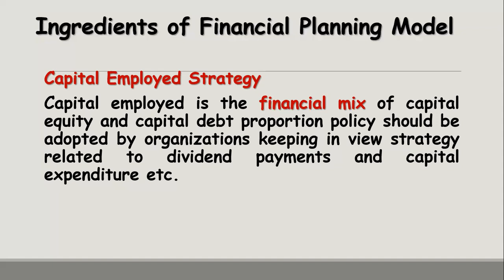You may decide that 20% will be paid as dividend to shareholders, 40% will be kept as reserve for the building block, and the remaining 40% will be reinvested within the business as retained earnings. So it varies according to your policy and according to your strategy.